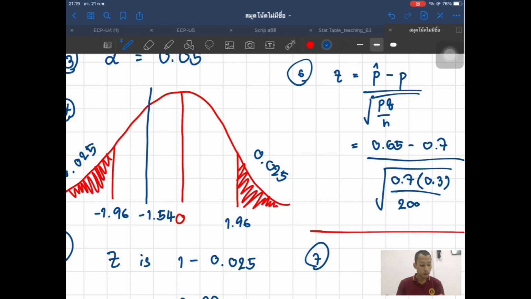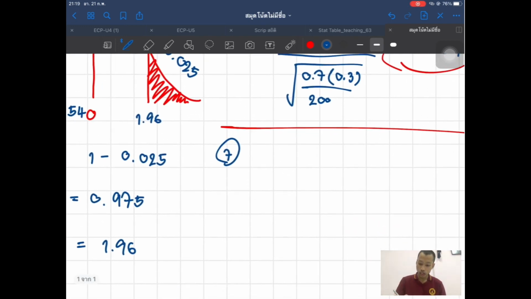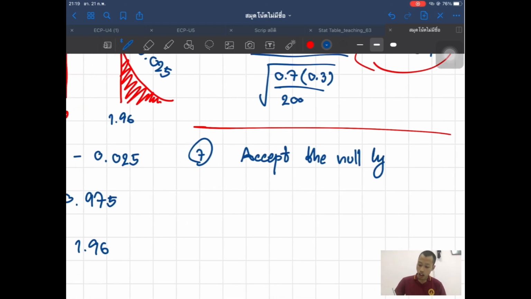So that means we cannot reject the null hypothesis, which implies we should accept it. Accept the null hypothesis.